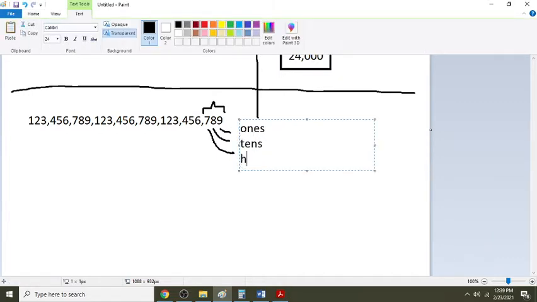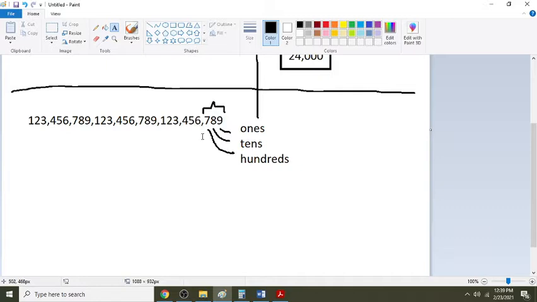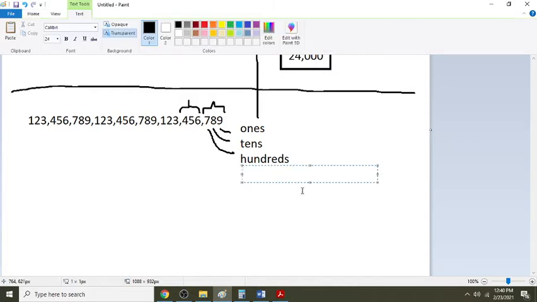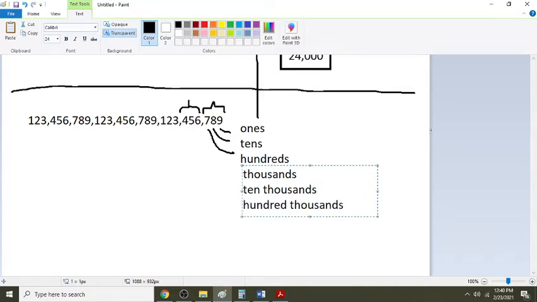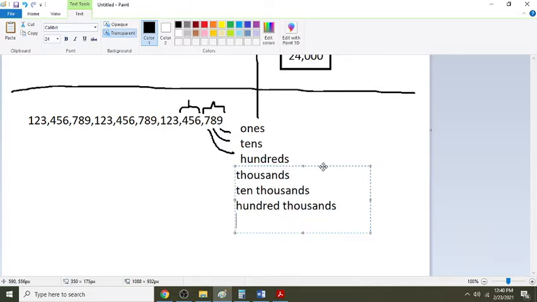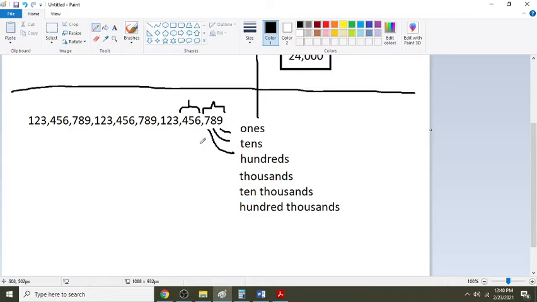The next set of three digits would be the thousands: the thousands, the 10,000s, and the 100,000s.